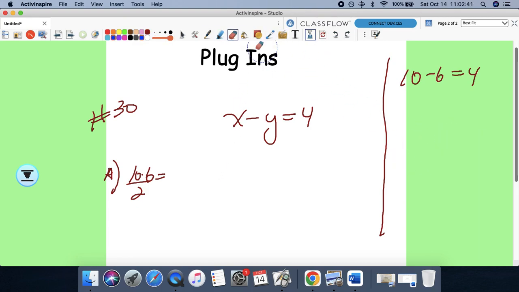Guys, it is Saturday morning. Average means add the two numbers up and divide by 2, which in this case is 16 divided by 2, so the average is 8. So A obviously doesn't work because it's going to get 30.